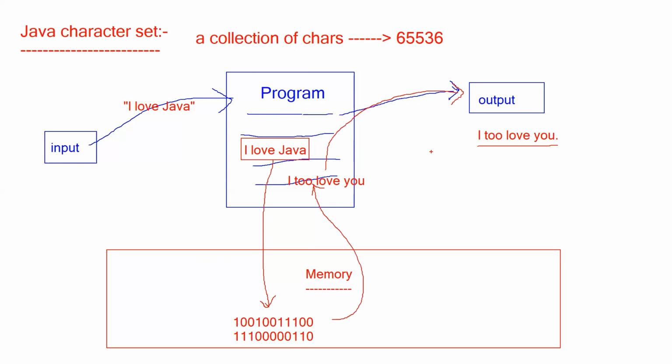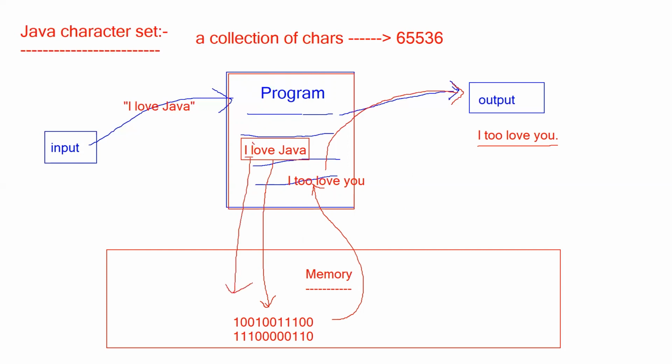How does it do this? Basically, how does Java process these characters, the English characters? The "I love you" has been given in English letters. For conversion, the letter I will be converted into binary form.